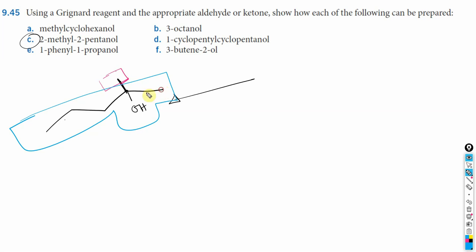So I can take 1, 2, 3, 4, 5 with the second carbon having the C double bond O. So if this is 1, 2, 3, 4, 5, then that is 1, 2, 3, 4, 5, and this CH3 can be used in the Grignard.